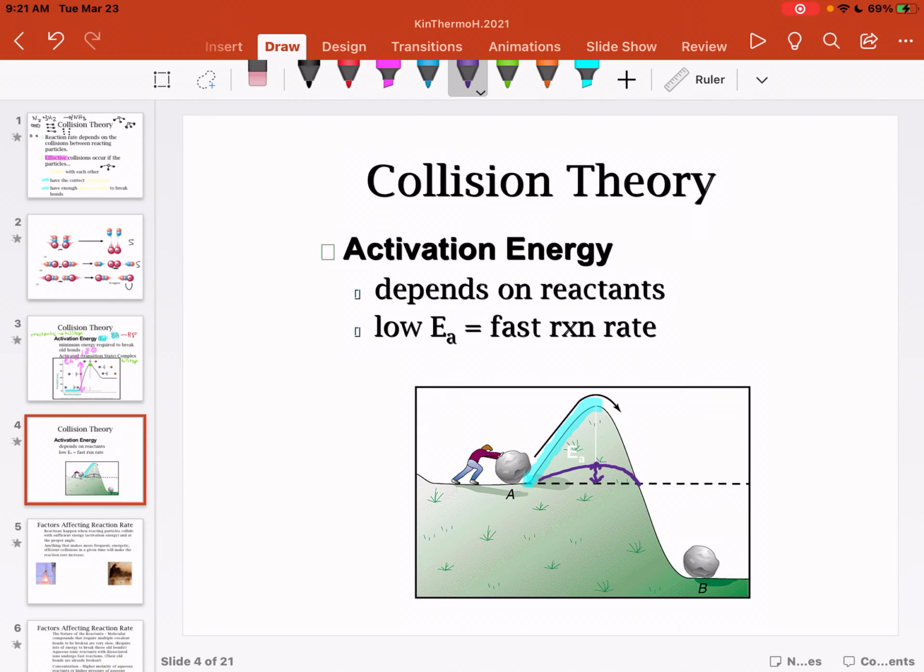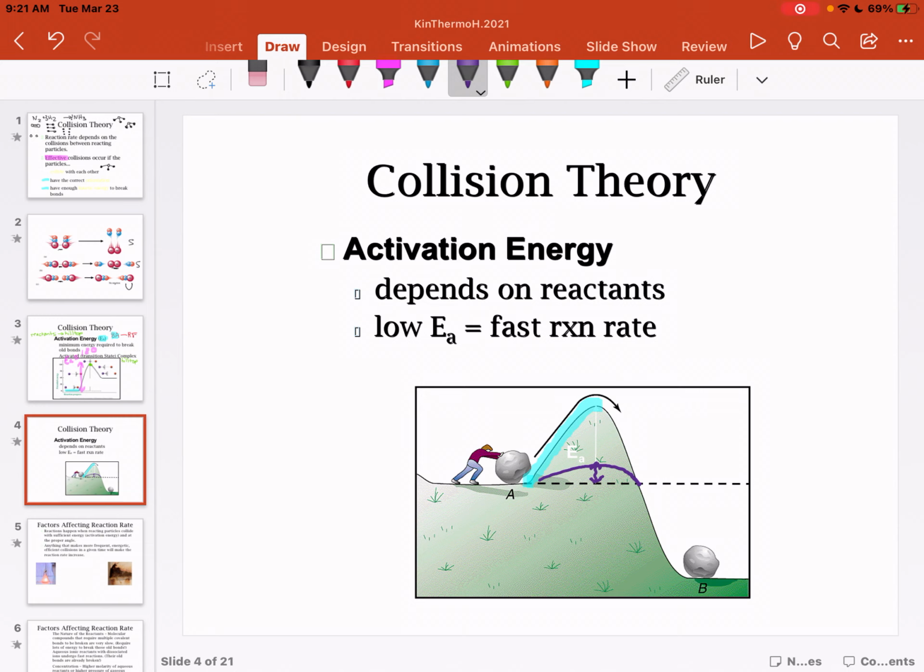So you can imagine, if I have that high activation energy, it takes a long time to be able to get that reaction to occur. Whereas if my hilltop is a little bit lower, my reaction can be a little bit faster. So that's our takeaway right here. If we have a lower activation energy, we can get a faster reaction.